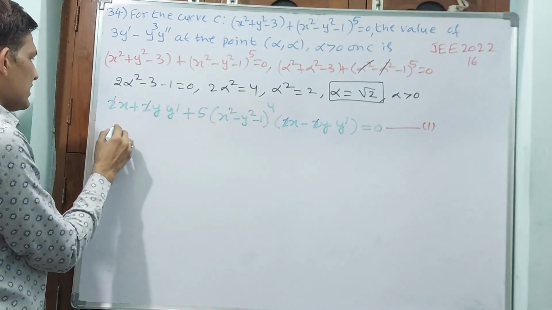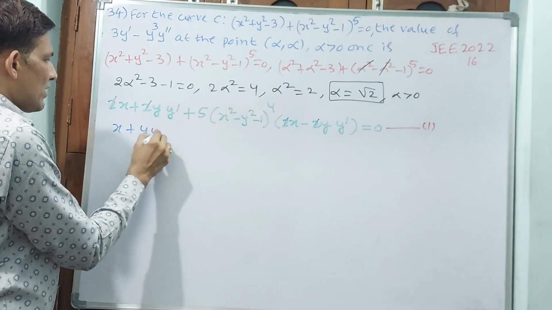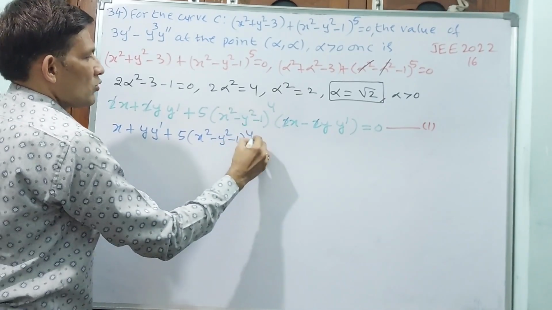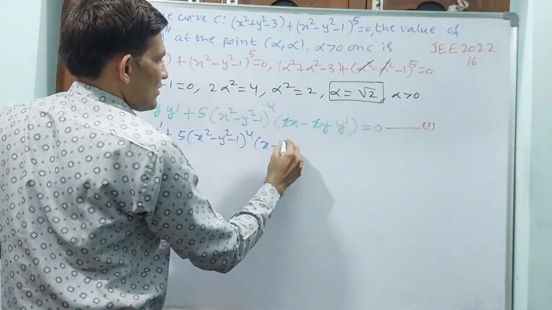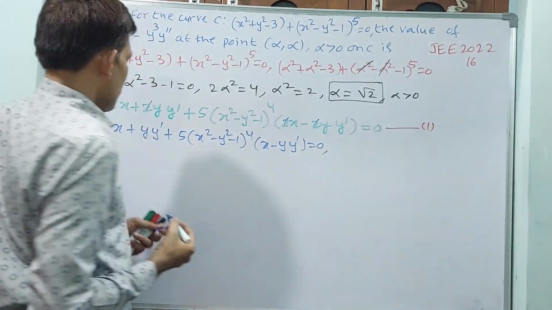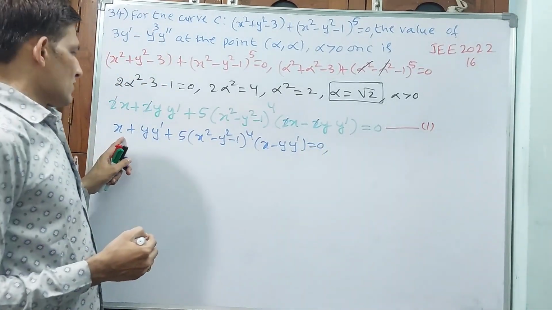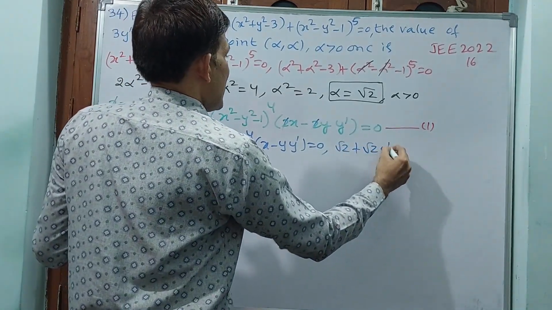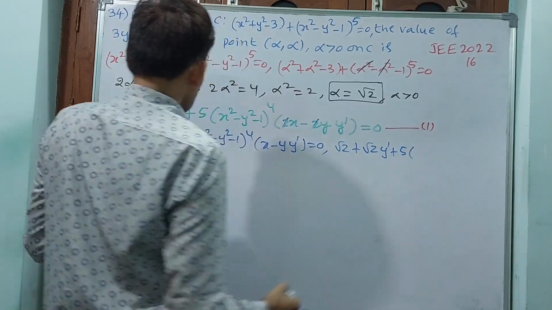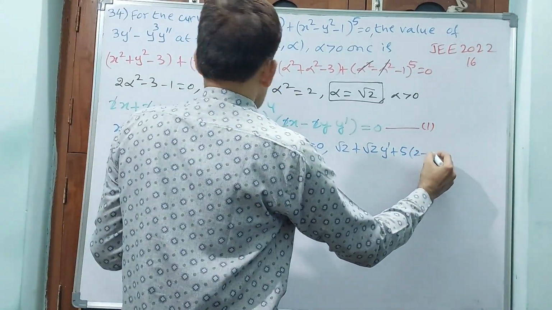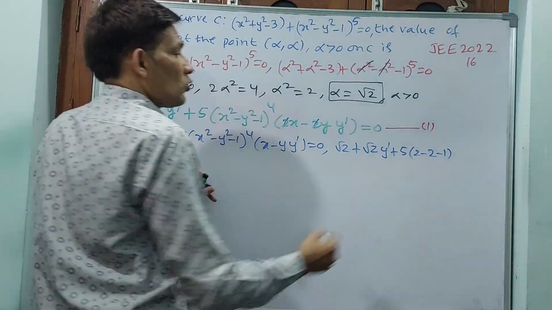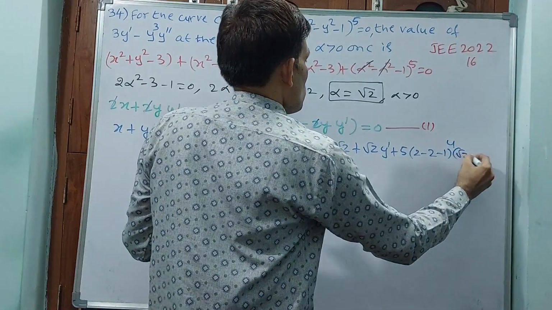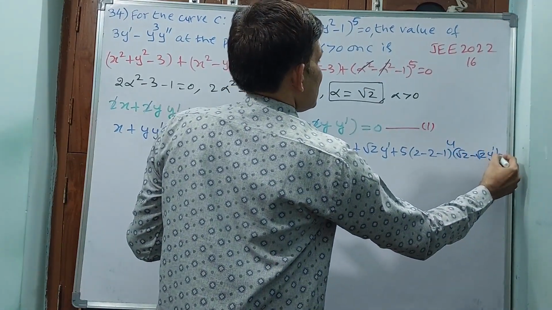I cancel 2. Then x + y y′ + 5(x² − y² − 1)⁴(x − y y′) = 0. Substituting, root 2 + root 2 y′ + 5(2 − 2 − 1)⁴(root 2 − root 2 y′) = 0.